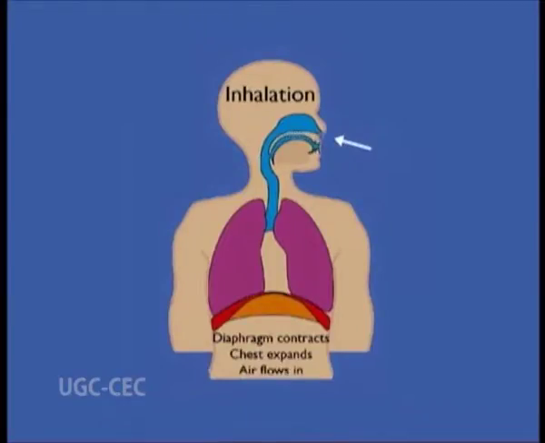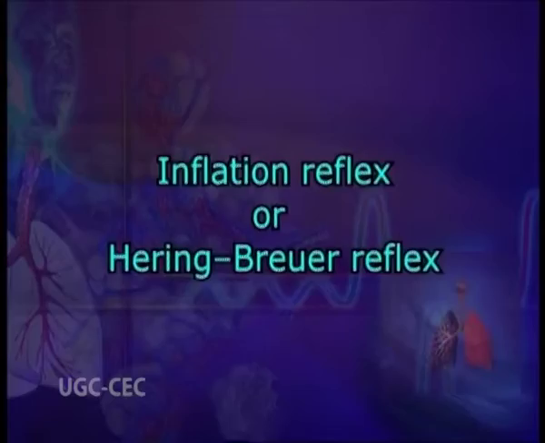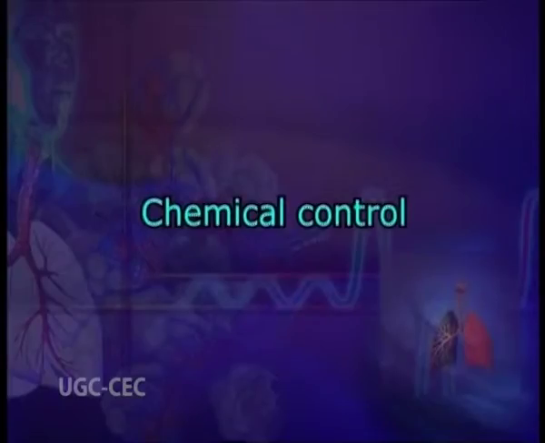Thus, the inspiratory and apneustic areas are no longer inhibited and a new inhalation begins. This reflex, called the inflation reflex or the Hering-Breuer reflex, is mainly a protective mechanism for preventing excessive inflation of the lungs. Let us see chemical control.